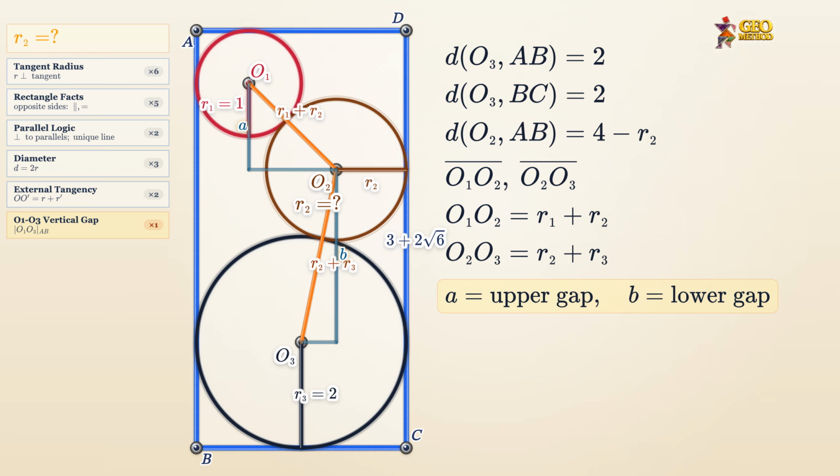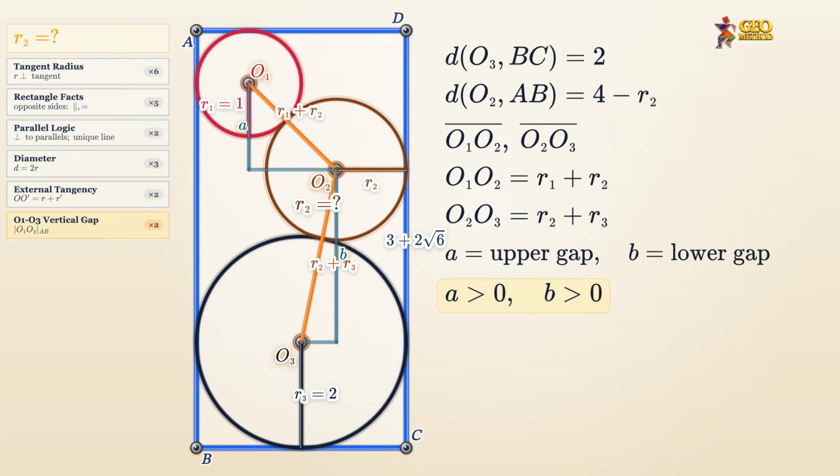Let A be the upper center gap, and let B be the lower center gap. These are measured along the tall side. Both A and B are positive lengths. Visually, O₁ is above O₂, and O₂ is above O₃. So each gap has a real positive length.